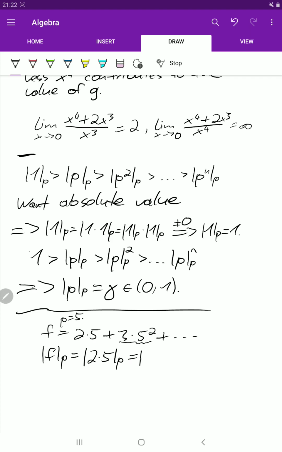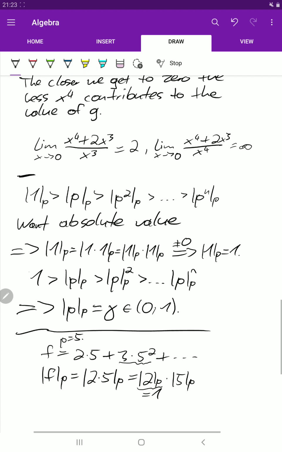Well, we have |2|_p times |5|_p, and this one is just 1 because we want it to be 1 if it doesn't divide p.